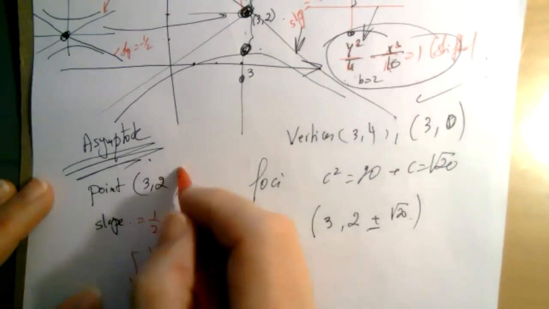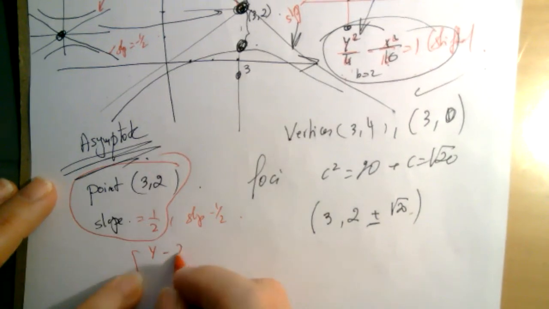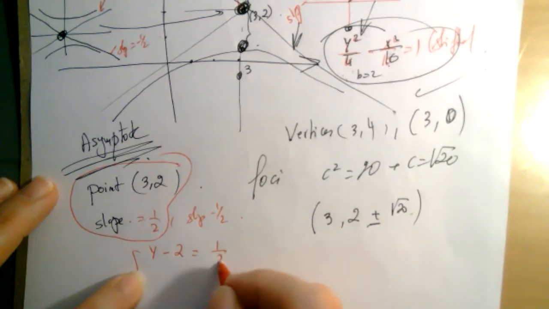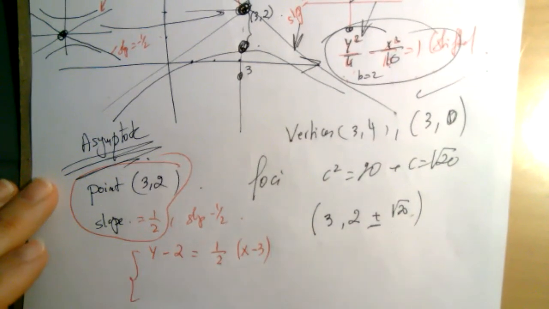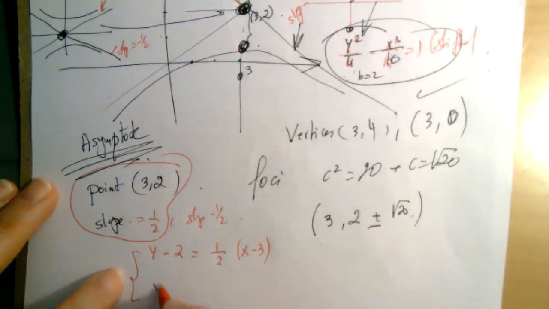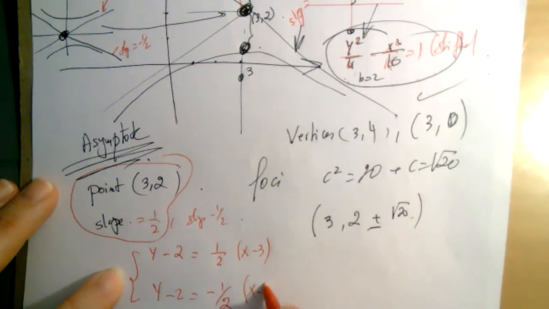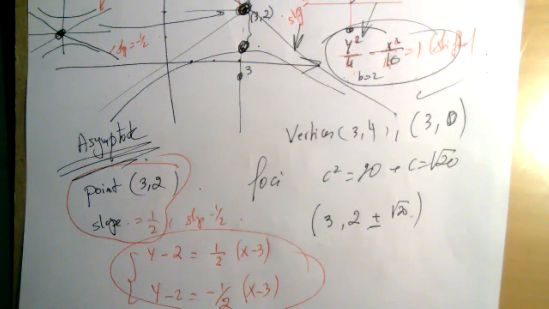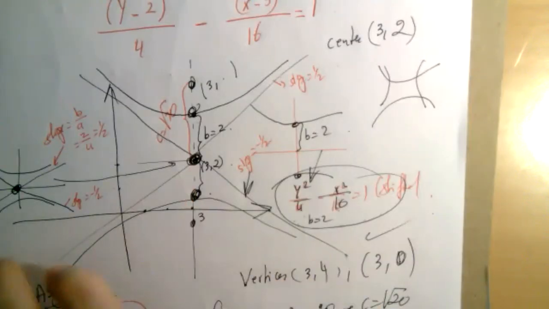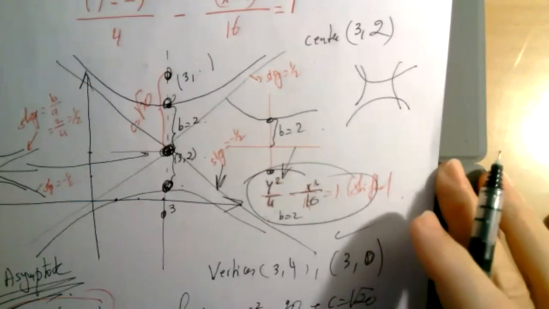The first one, that's a point, and that's the slope: y minus 2 equals 1/2 times (x minus 3). The second: y minus 2 equals -1/2 times (x minus 3). And this would give me the asymptotes of this hyperbola. Okay? All right. So with this, we finish one part of the conic section.